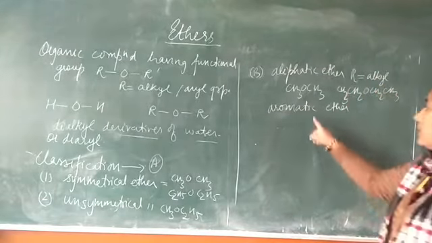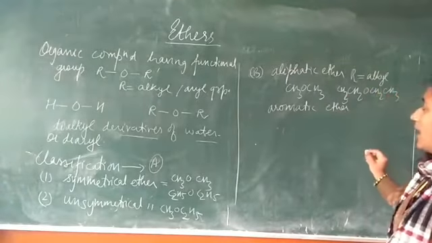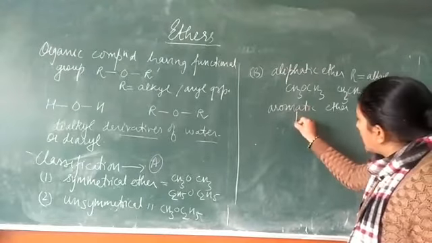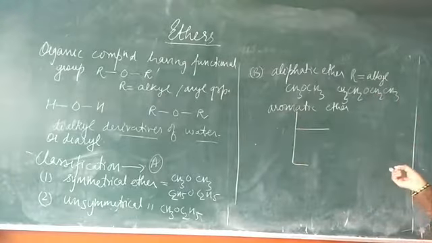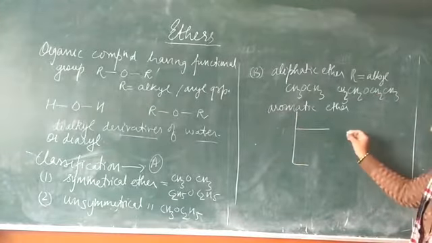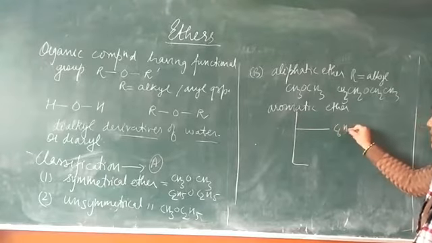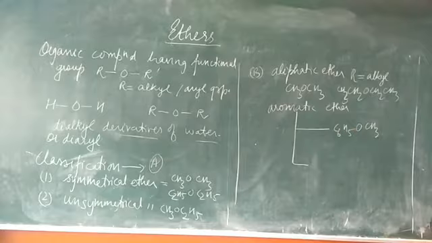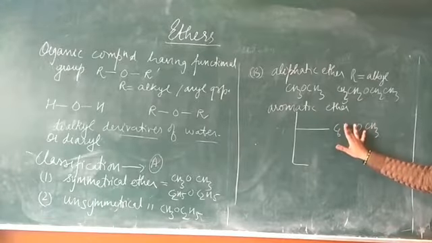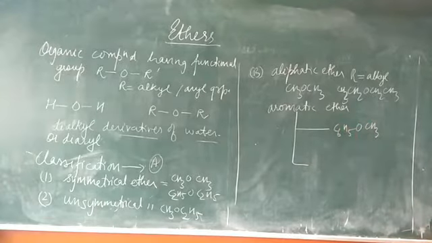Now under aromatic ether, we have two headings. The first one, when we have only one aryl group. For example, C6H5OCH3. Right? In this case, we have only one aryl group. So it is aryl alkyl ether.